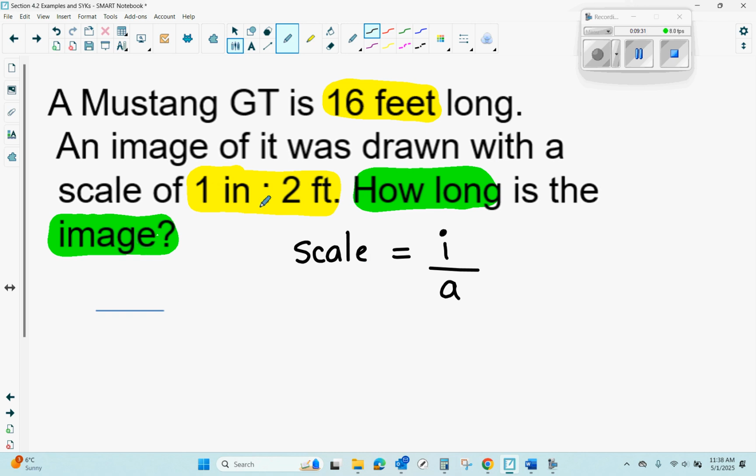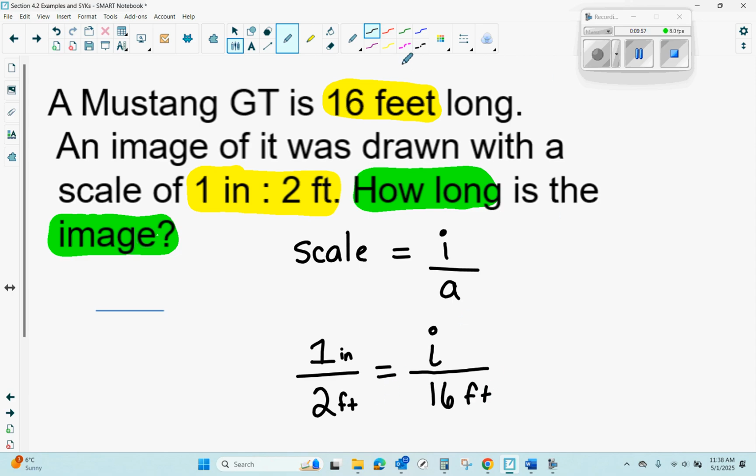They did. They told me 1 inch is 2 feet. Did they tell me the image? No, so I'm going to leave that as I or X, whatever you want to call it. And then did they tell me the actual length of the car? They did. It's 16 feet.